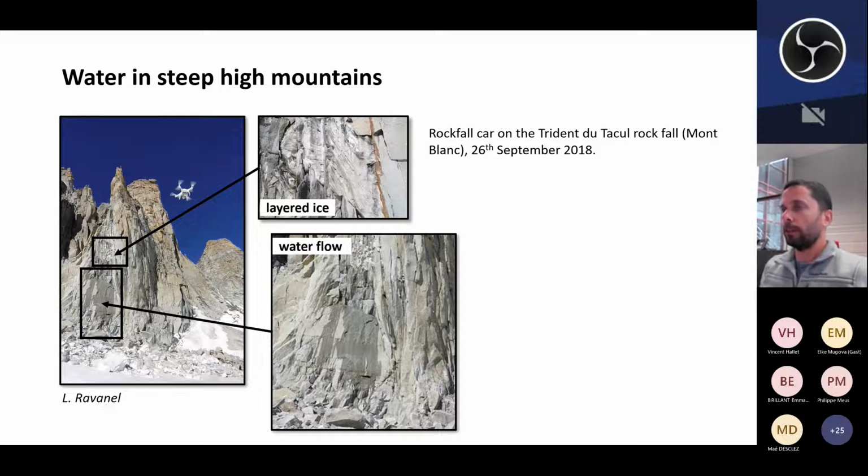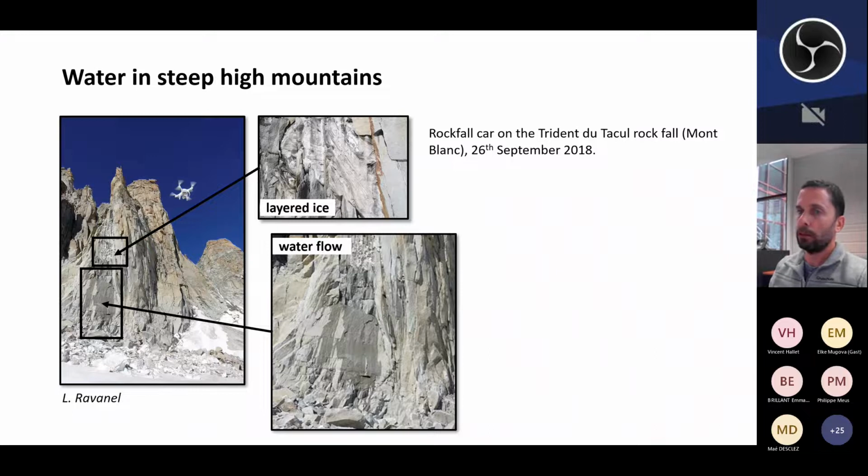This slide is an example of a rockfall scar. It's a famous pillar close to the Mont Blanc Massif, and there was a big rockfall. This photo was taken a week after the rockfall, and you can see that on the scar there's layered ice that accumulated, and there's water running along what used to be the fracture surface.